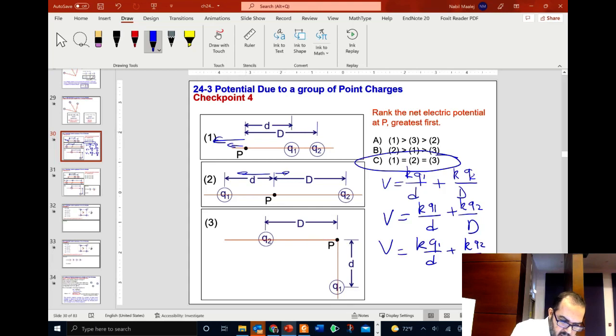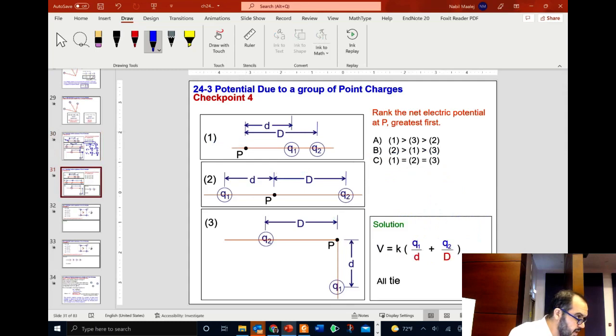If it's a positive charge, the electric field is pointing away. So these are the electric fields. The magnitudes are different in this case, but the potential is the same.